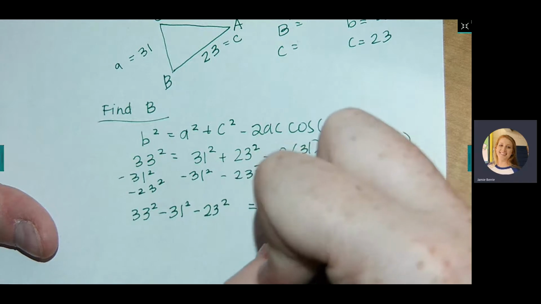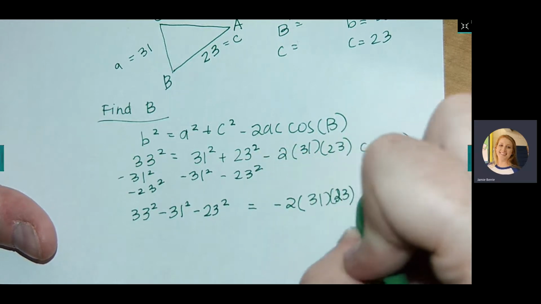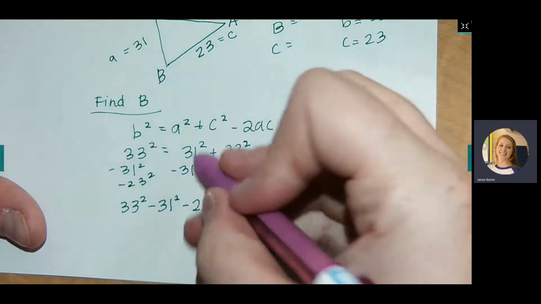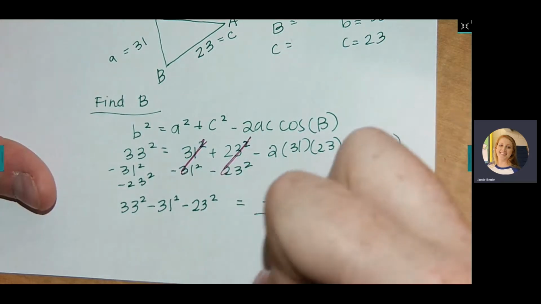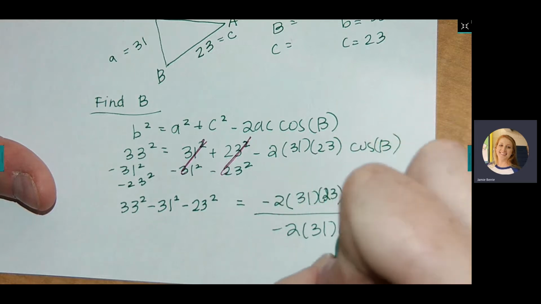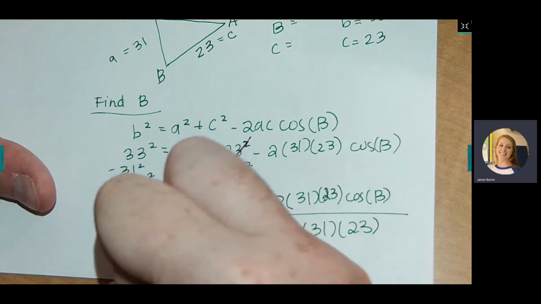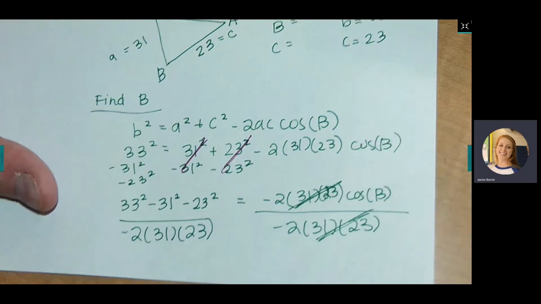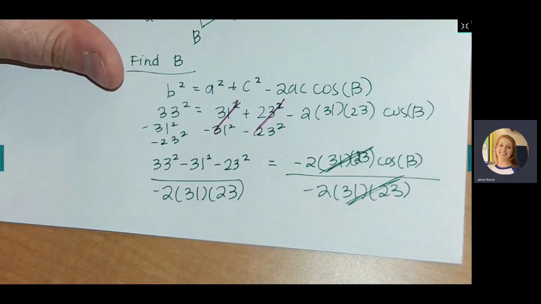All right, so that's -2 times 31 times 23 times cosine of B. Go ahead and cancel these out. Divide by that coefficient. And then your last step is to do what? Yeah, inverse cosine on both sides.